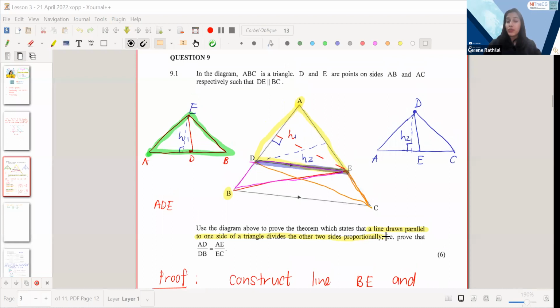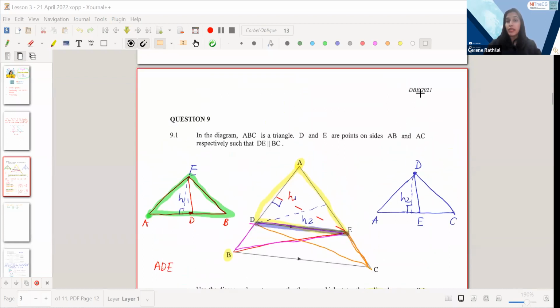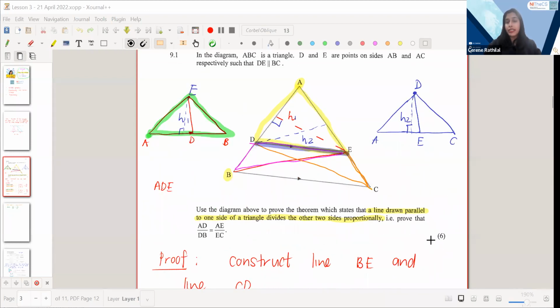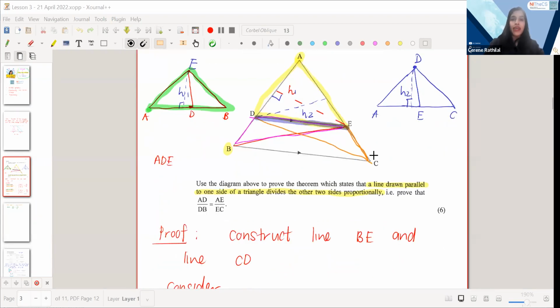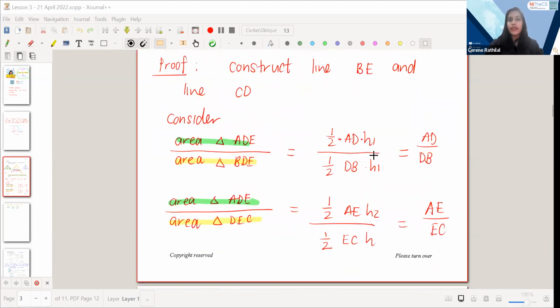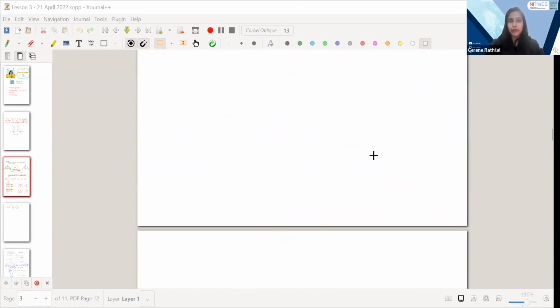This was last year's examination paper, 2021, and this question carried 6 marks. It's important to know the statement, as well as have a very good understanding of how to prove the results. If you've missed that lesson, please go back to YouTube and watch the recording that is already available.